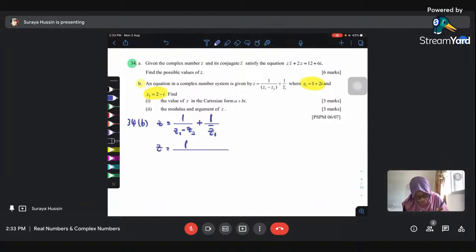Hati-hati ya, matematik ni dia perlu extra careful than any other subject. Okay, so Z1 adalah 1 plus 2i. If you realize, I always love to do bracket tau. Lagi-lagi yang ada tolak ni. Okay, so you also must do bracket.